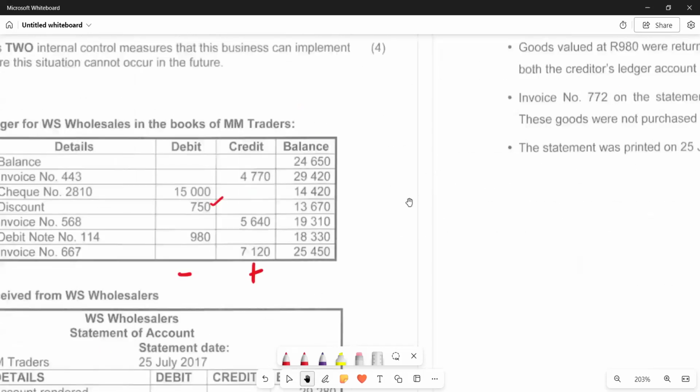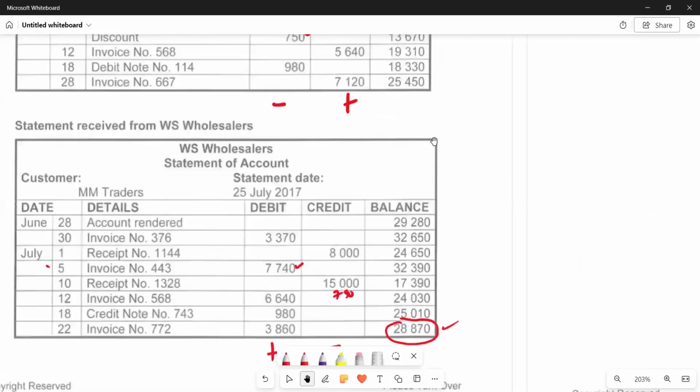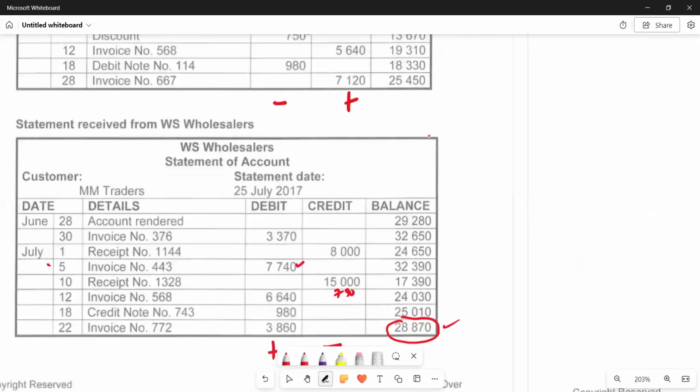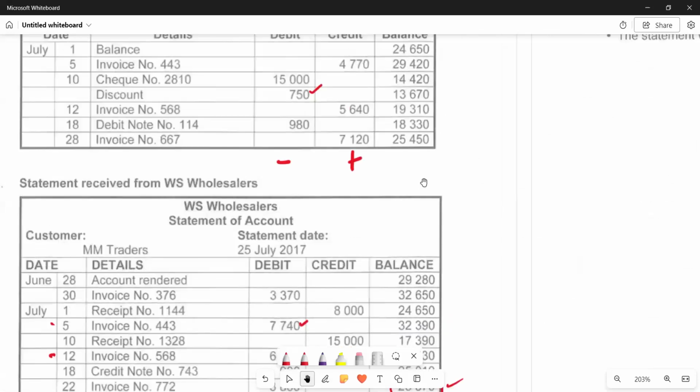So if you come to the statement, you see that we are given invoice number 568, which is this one. It is given as 6,640. But if you go to the ledger, you see that that invoice is here. It's 568. It's 5,640. So you see that there's a difference.